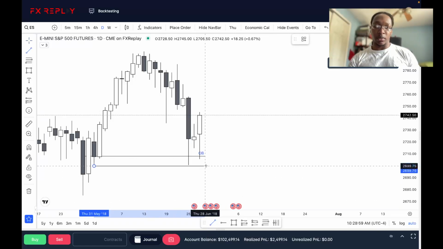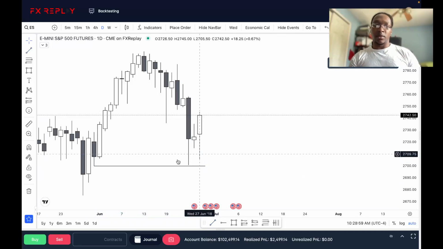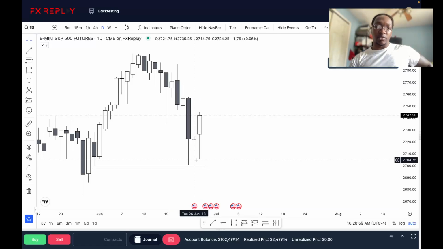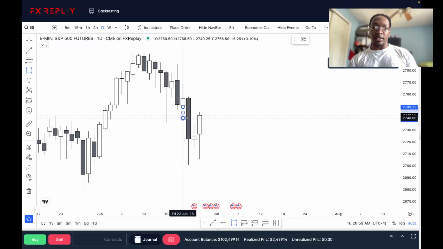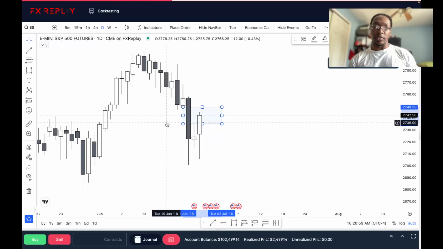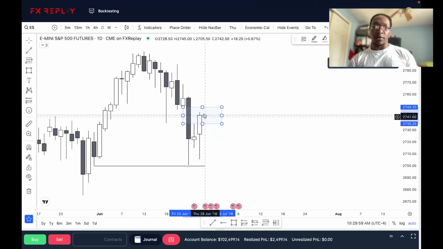I don't think we're gonna keep this as support, even though it's at a mean threshold point. We have this fair value gap here, right? That has potential to resist price, especially with this down candle here on Monday closing through this swing low. We can come up into this fair value gap, find resistance, and trade lower.